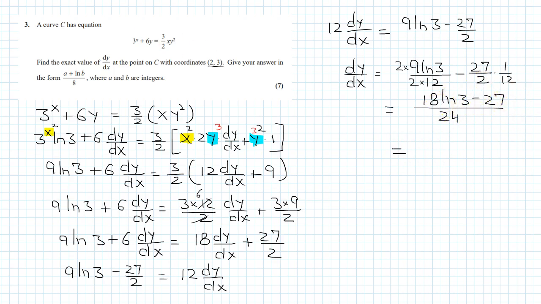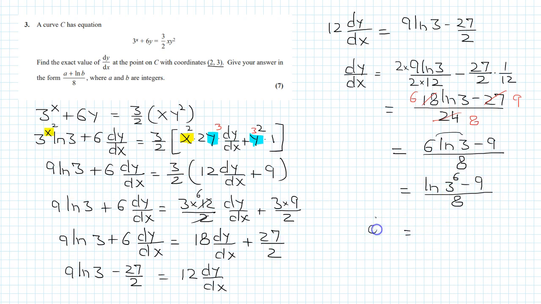Now cancel it by 3. 8 times 3 is 24. 3 times 9 is 27. And 3 times 6. So it can be written as 6 ln 3 minus 9 over 8. So this is ln 3 to the power 6. The 6 can come here, minus 9 over 8.